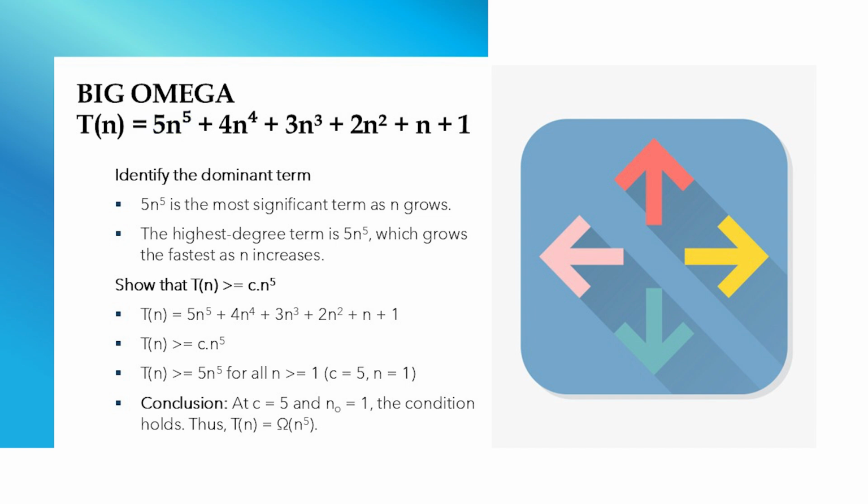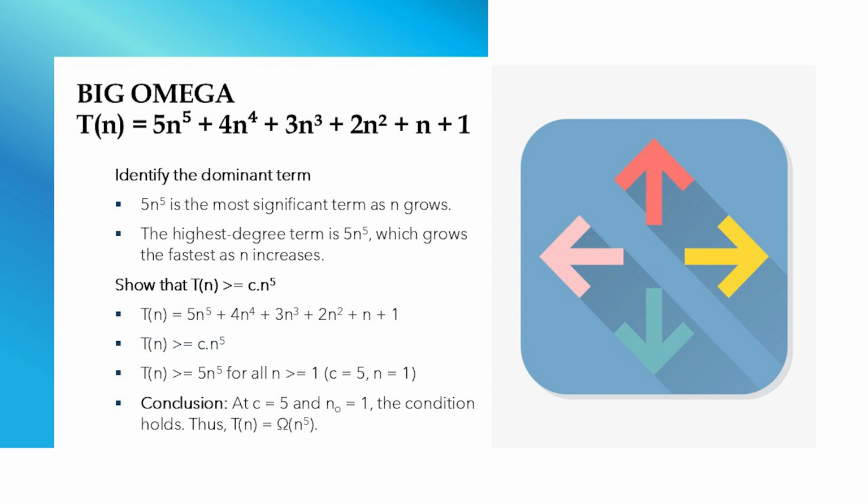Now we need to show that T(n) is greater than or equal to C multiplied by a smaller function, n raised to power 5. So far we have 5n raised to power 5, and we have T(n) is greater than or equal to C multiplied by the smaller function of n raised to power 5.